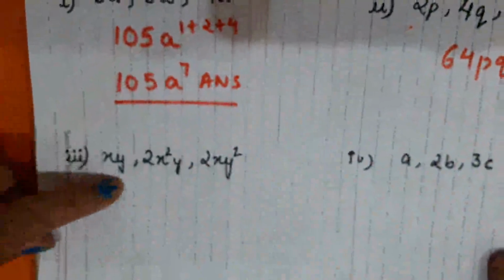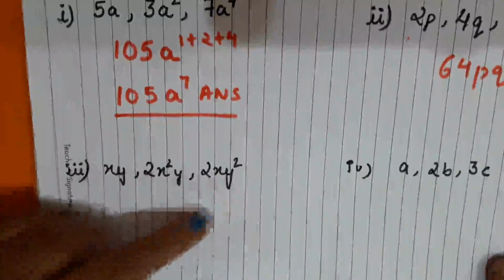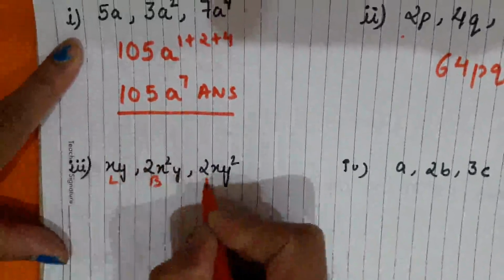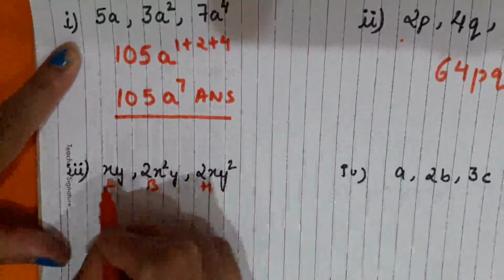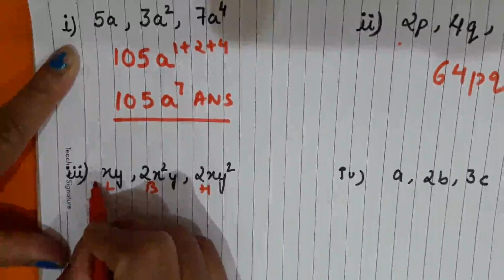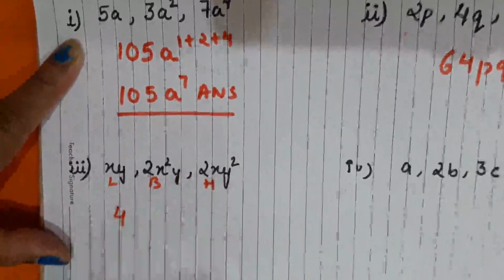Next part is xy, 2x square y, 2xy square. So you have to multiply, because this is your length, breadth and height. So here, in this no numeric value is there, in this 2 is there, in this 2 is there. 2 2s are 4, you can write.